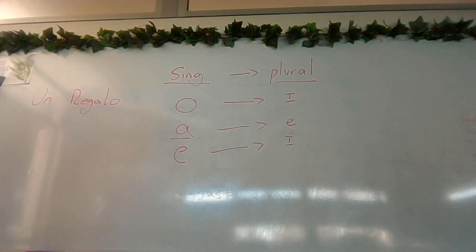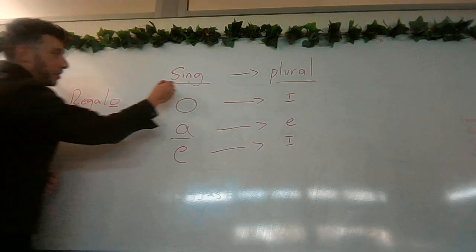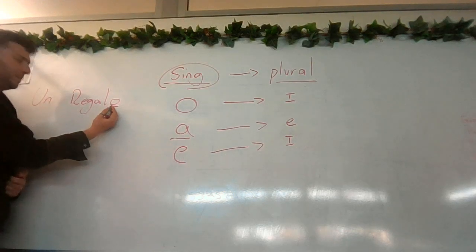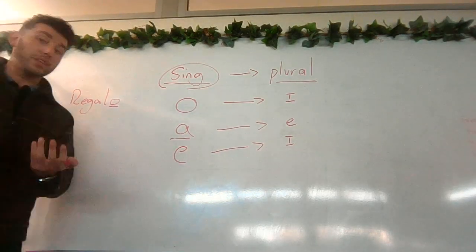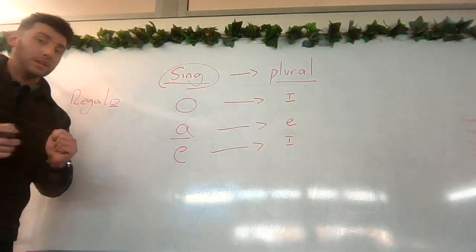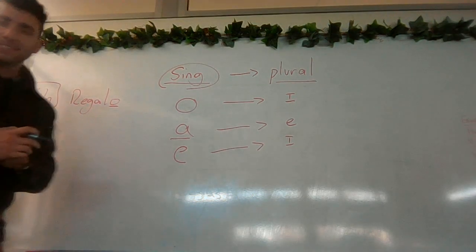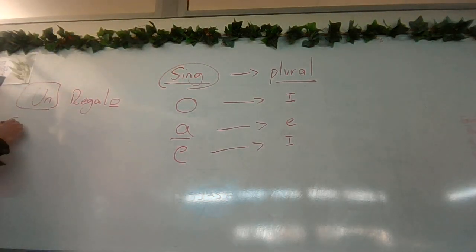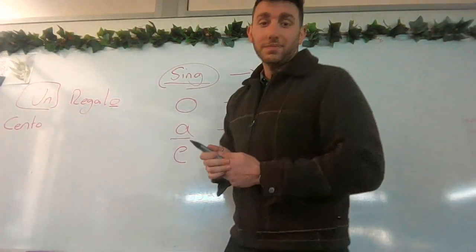We need to change the ending of regalo to go from singular to plural. Just a reminder, the ending of regalo is O. If we wanted to say more than one present instead of just one, we need to first change un to whatever number. Let's say we're getting 100 presents. The word for 100 is cento. Just like the word century is 100 years, cento is 100.